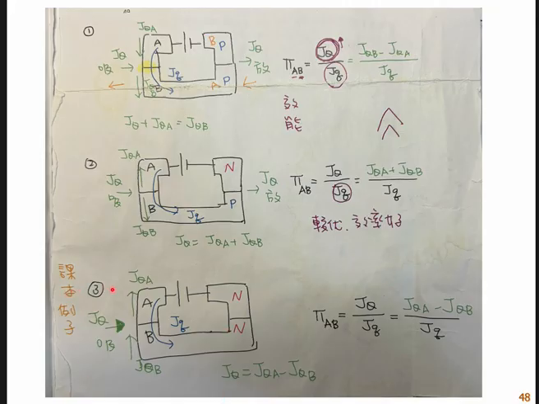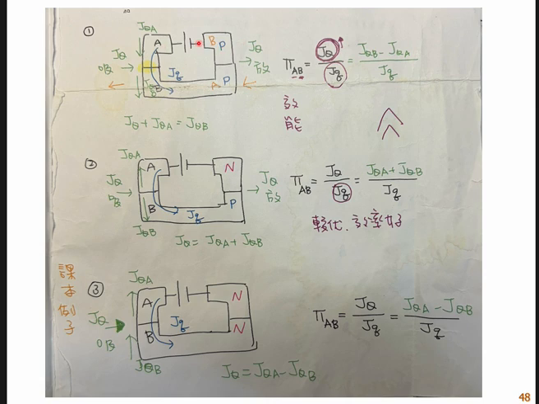I also drew other possible combinations for this Peltier effect. In your textbook, we just show the case where we have n-type A combined with n-type B. But it's also possible to have p-type A combined with p-type B. So I hope you can try to draw this and write down the corresponding Peltier coefficient.